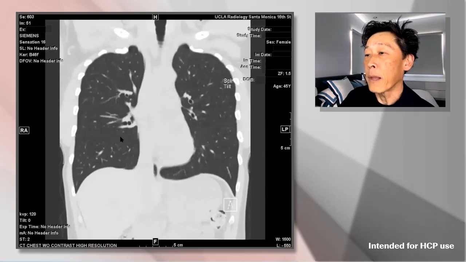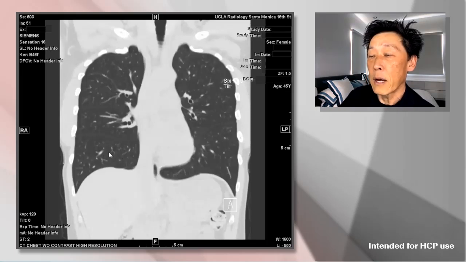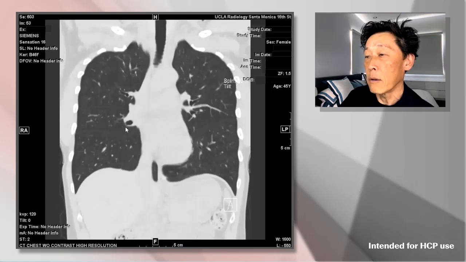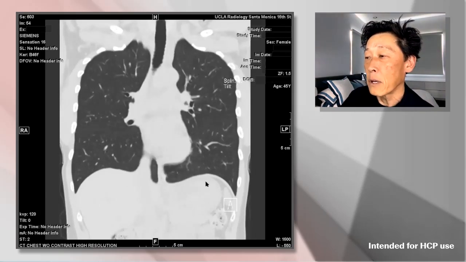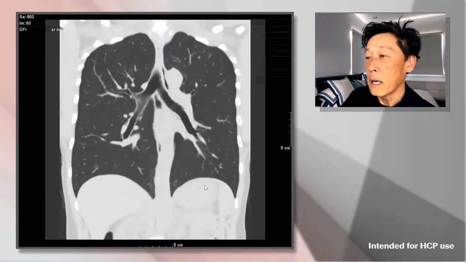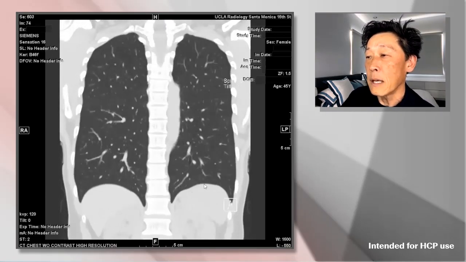And here we see the right upper lobe, the right middle lobe, and we have some of the right lower lobe as we go into the back of the mid portion and the back of the chest. Here we have the left upper lobe and the left lower lobe here. And again, this is a normal CT.